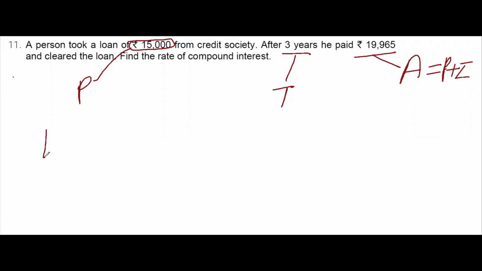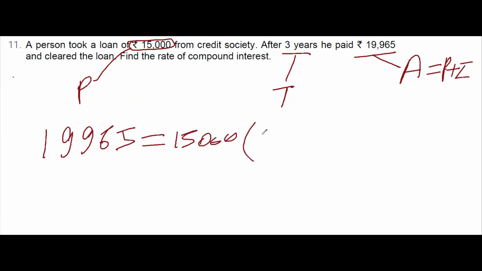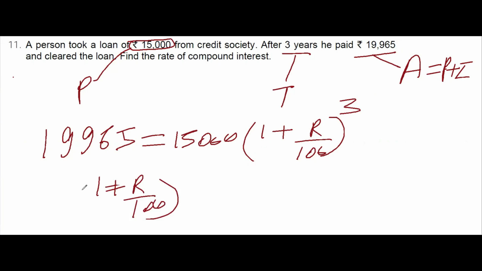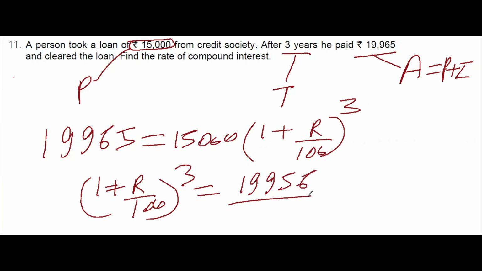What is my A? 19965. This is A. What is P? 15000. This is my P. And 1 plus R, R is not there, that I need to find. R upon 100, time T is your 3. So this you are going to solve. So (1 + R/100) to the power of 3 will be 19965 upon 15000.